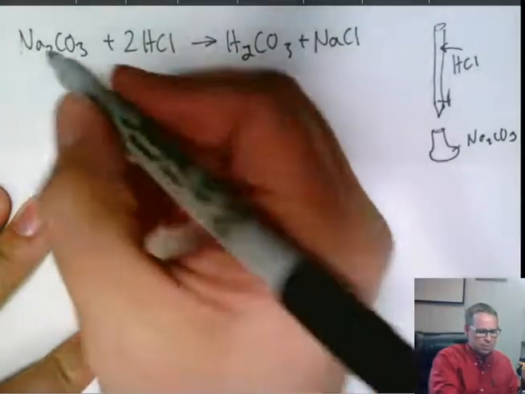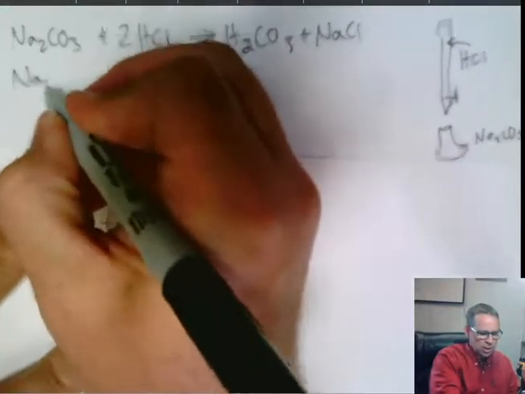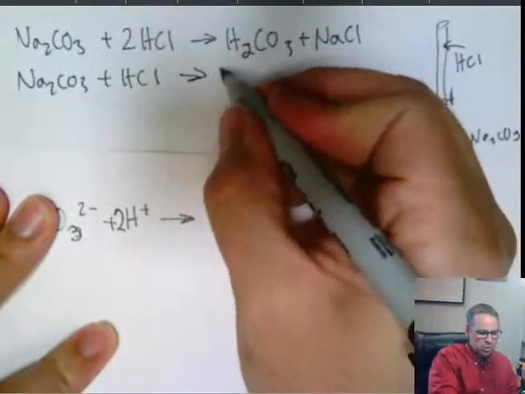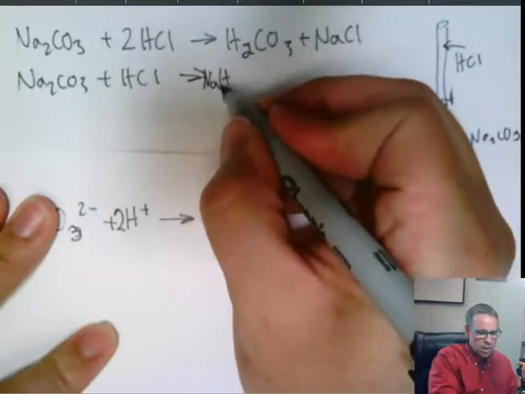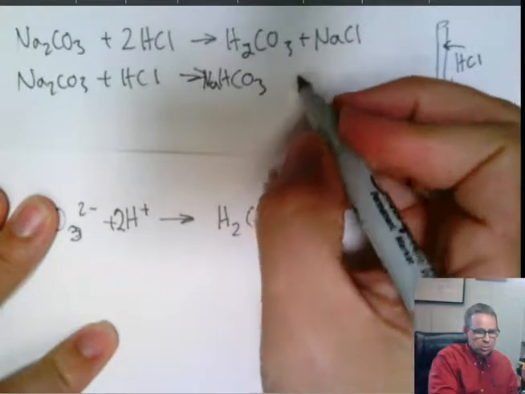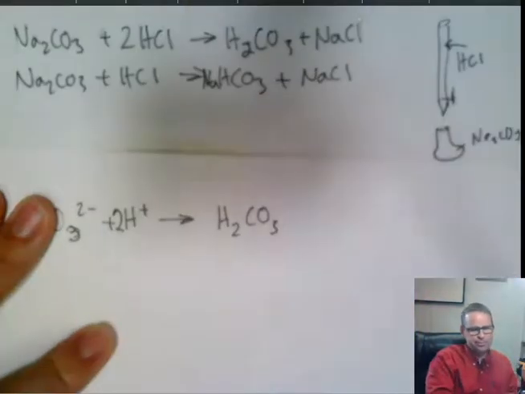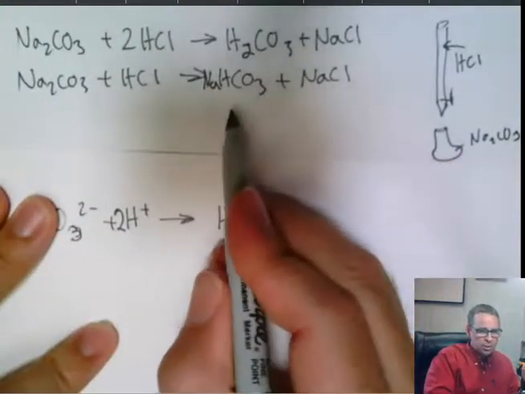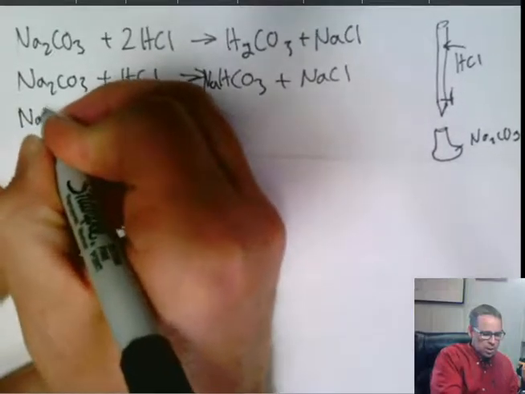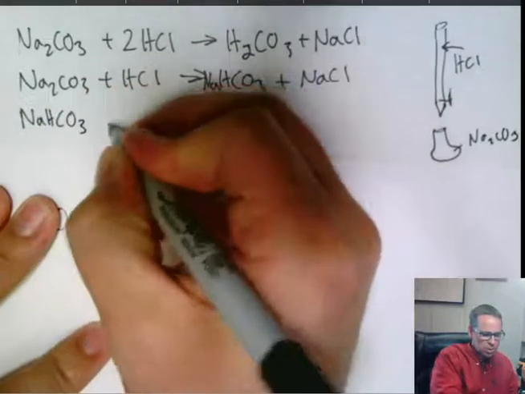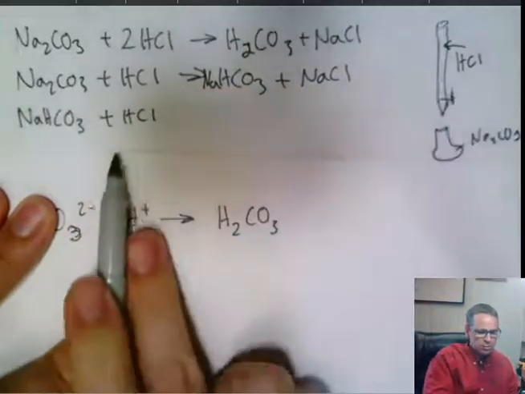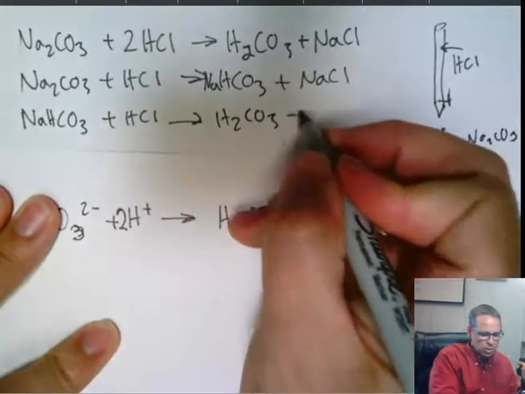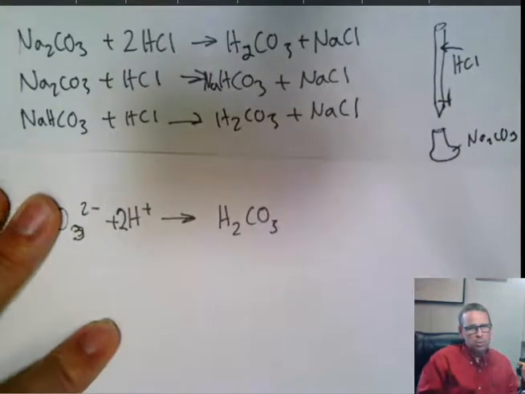It occurs in steps where initially the Na2CO3 combines with 1 unit of HCl and creates NaHCO3 and 1 unit of NaCl. And then if you continue to add hydrogens to this solution, you get the NaHCO3 combining with another HCl, right? If you keep adding those hydrogens, you'll get the H2CO3 and another NaCl would be produced.